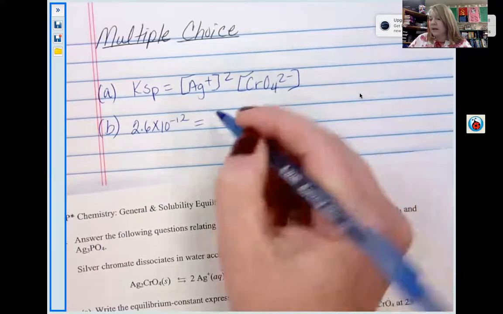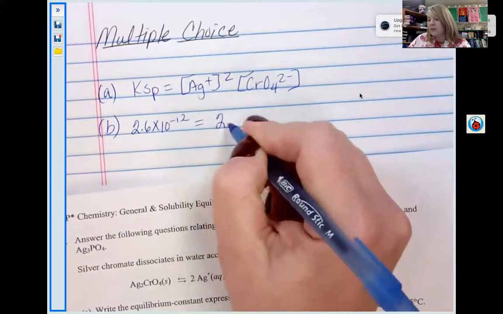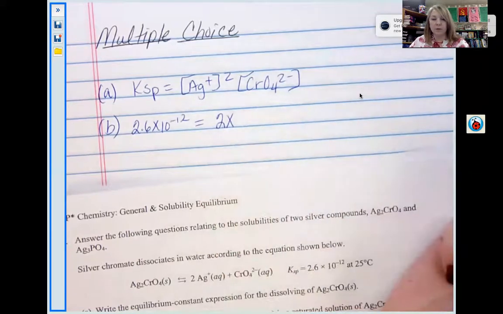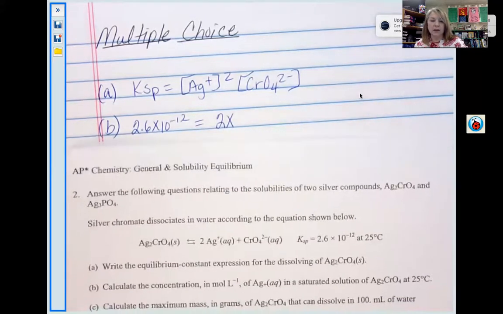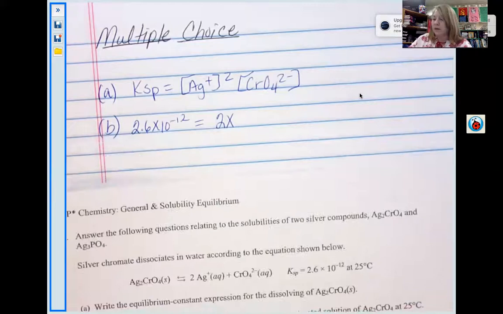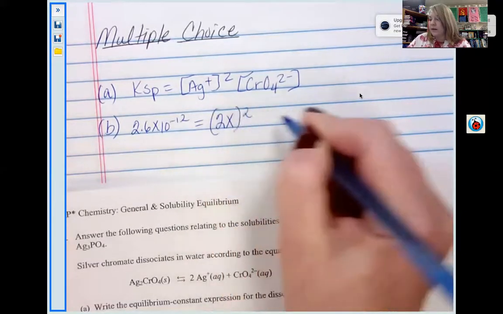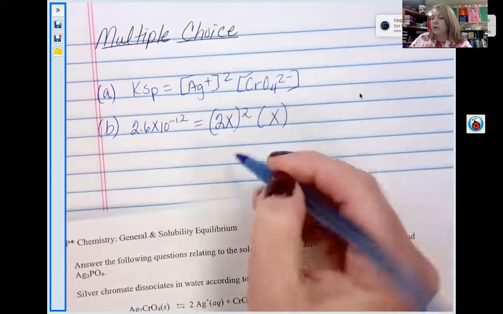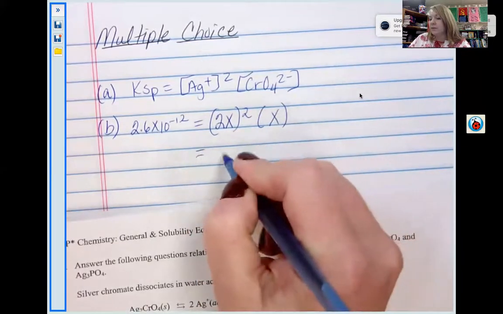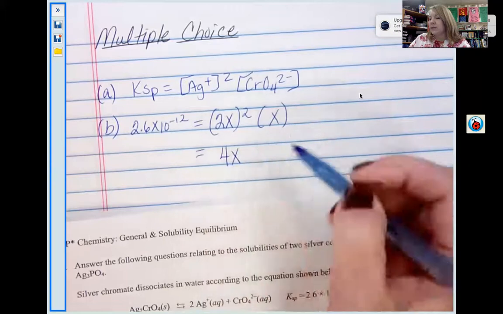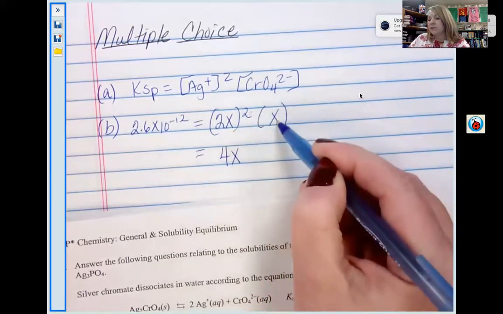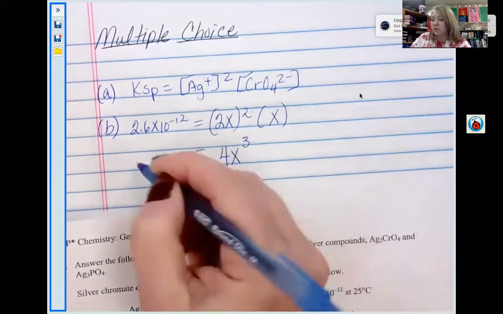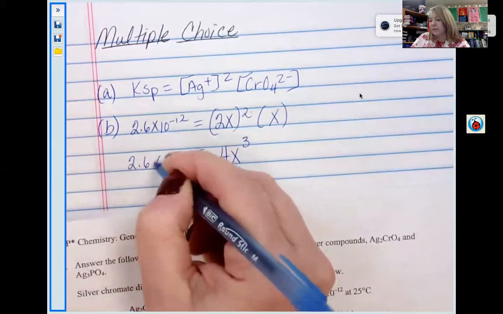So you plug in 2X for silver, because remember, in the equation you had twice as many of those. And don't forget to square that. And then this one would just simply be X. Which will simplify down to 4X. You've got a squared times an X, so that would be 4X cubed. So bring this down.